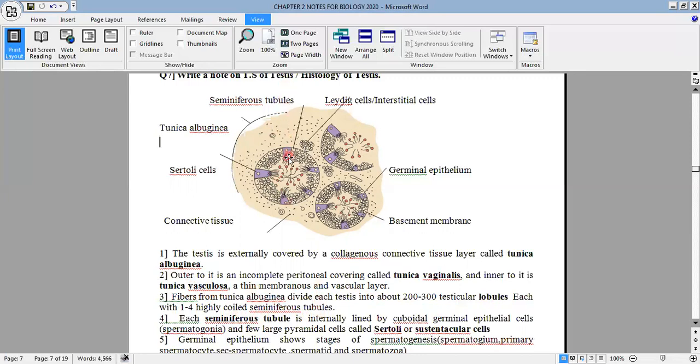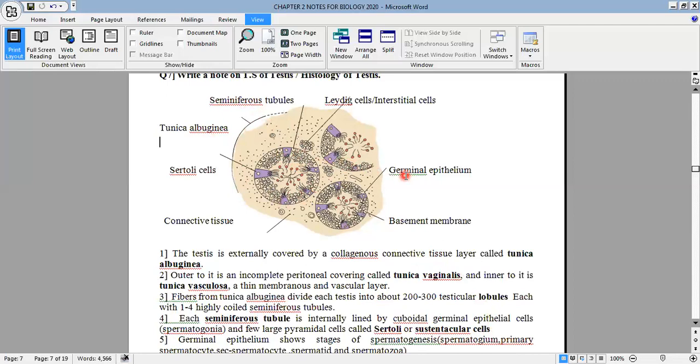These spherical structures are seminiferous tubules. Inside each seminiferous tubule, you can see there are numerous different parts present. Each seminiferous tubule is lined by cuboidal epithelial cells, and these cuboidal epithelial cells are called germinal epithelial cells.